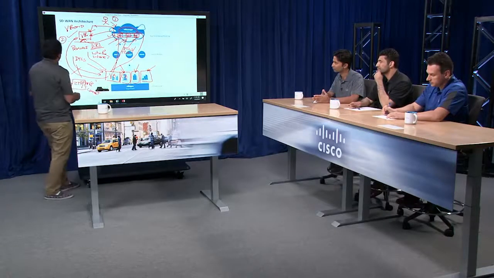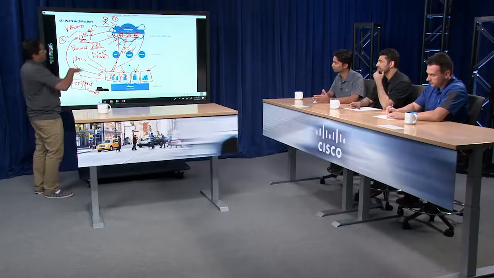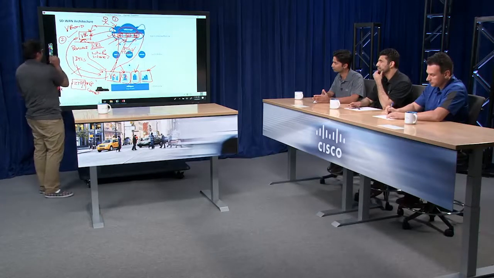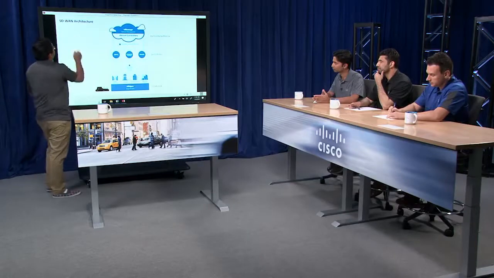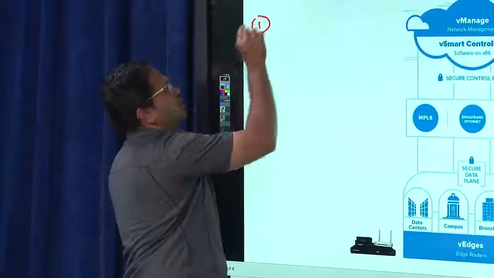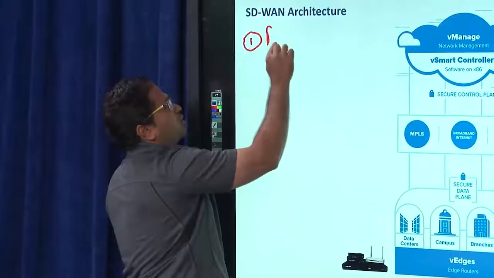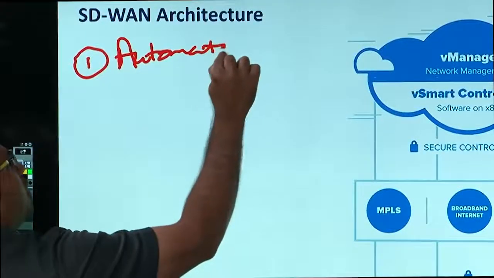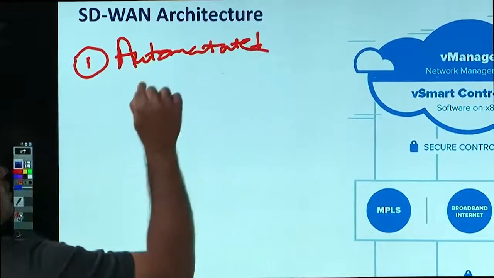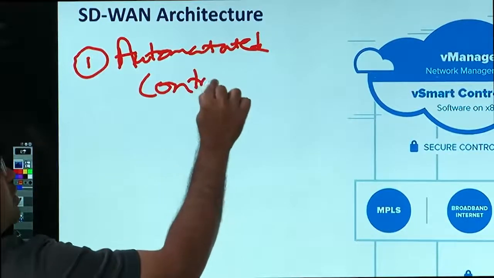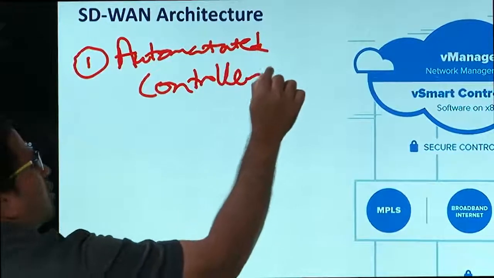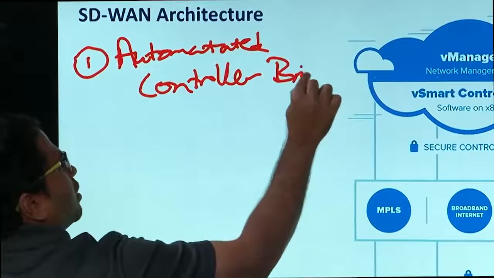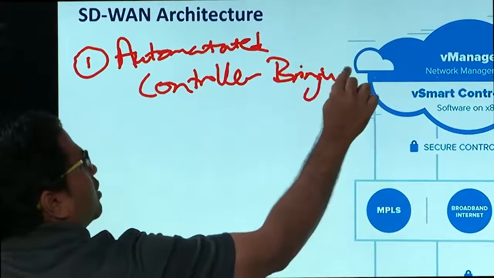So what this means for the customer, and I'll recap the steps. 1, completely automated controller bring up. Done by Cisco.